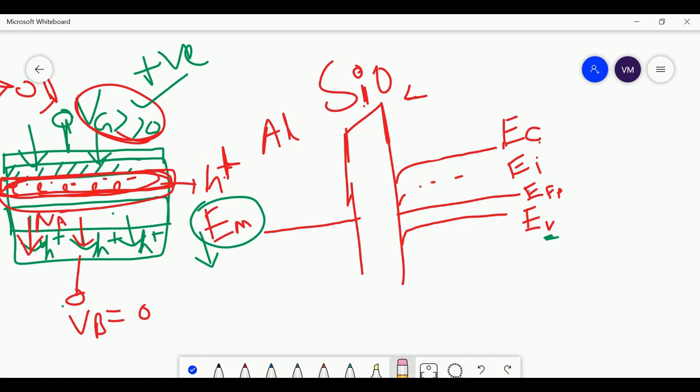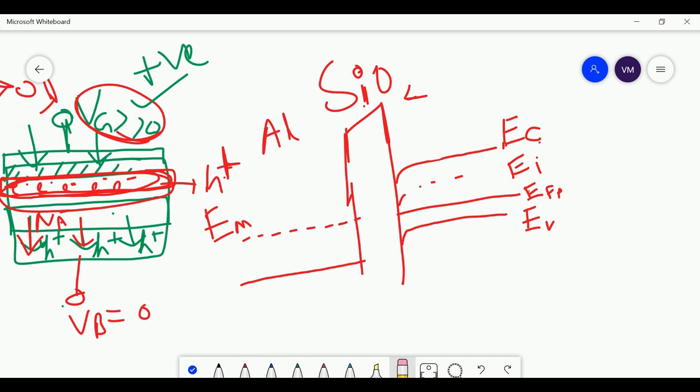So first what we'll do, we will move the Fermi level towards the valence band. We will make the original band with the help of dots, and then we move the Fermi level of the metal downwards.